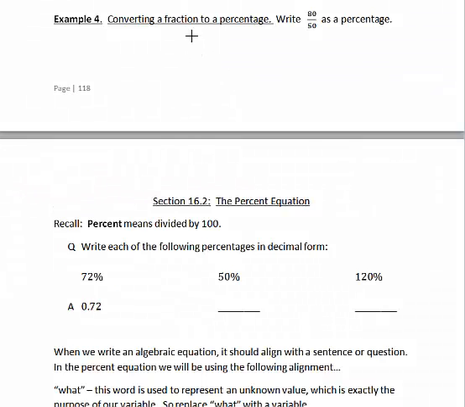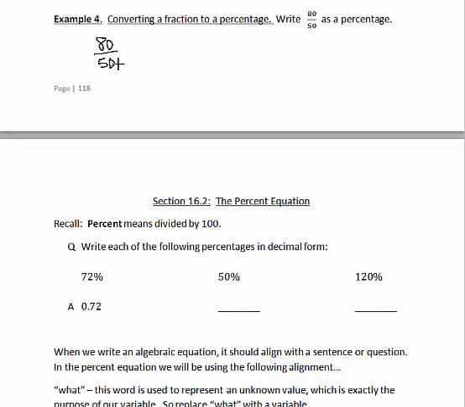Example 4 wants us to convert a fraction to a percentage. Write 80 over 50 as a percentage. There are actually a couple ways you could go about this. We know that a percentage is a number that's based off of 100, and what this fraction is based on right now is a 50.